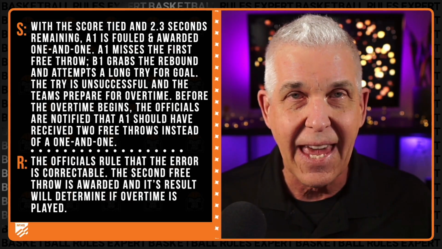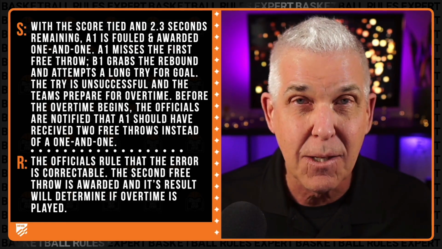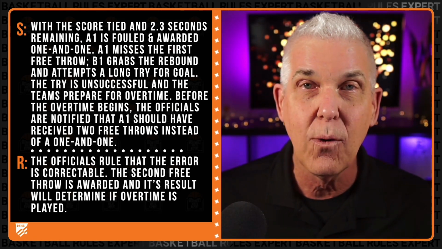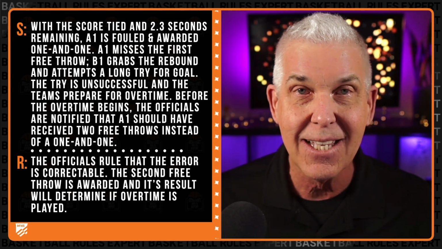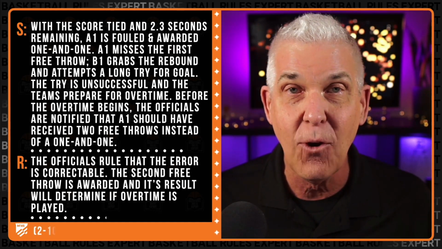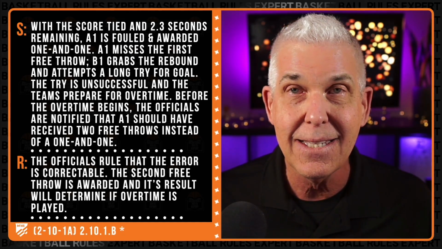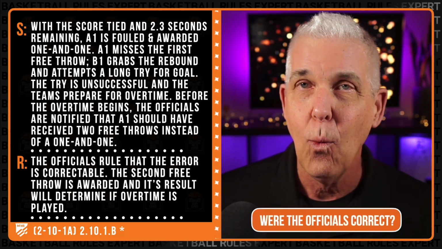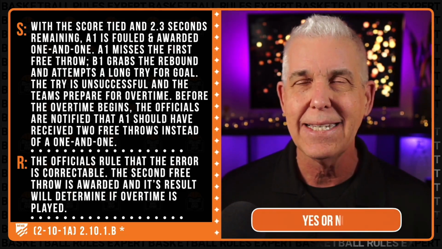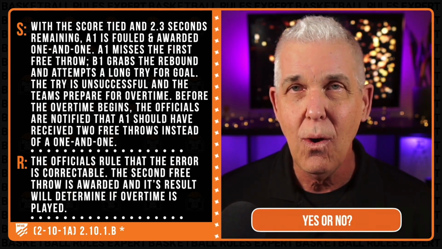The officials rule that the error is correctable. The second free throw is awarded, and its result will determine if overtime is played. Were the officials correct? Yes or no?